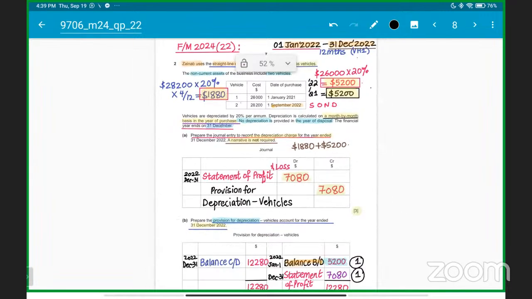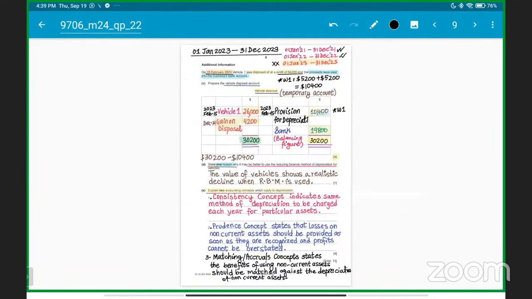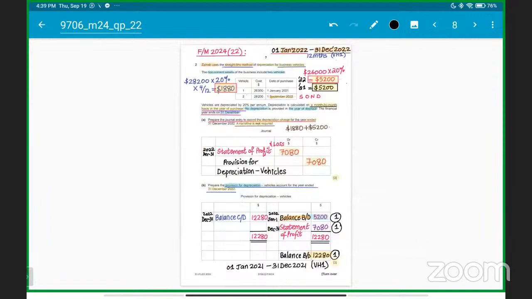So with this we have completed our 15 marks question on depreciation, which was from AS level May-June 2024, in which we covered 10 marks for numerics: how to make the disposal account, how to make the provision for depreciation account, how to write the journal entry for the income statement, and the theory related to depreciation, which is a good theory.